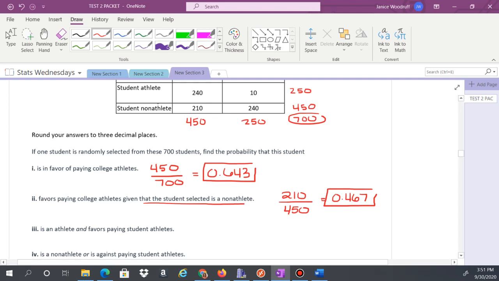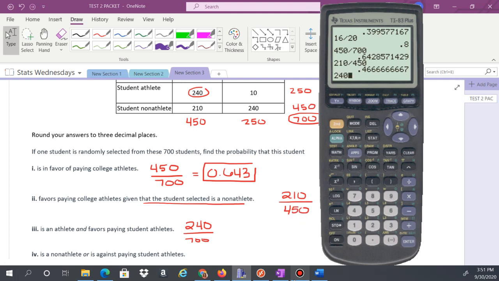How many athletes said yes? So you're looking here, yeah, 240 student athletes said yes. That is your numerator out of everything. Okay, so out of both of these, 240 said yes. So 240 out of 700 gives us 0.343.